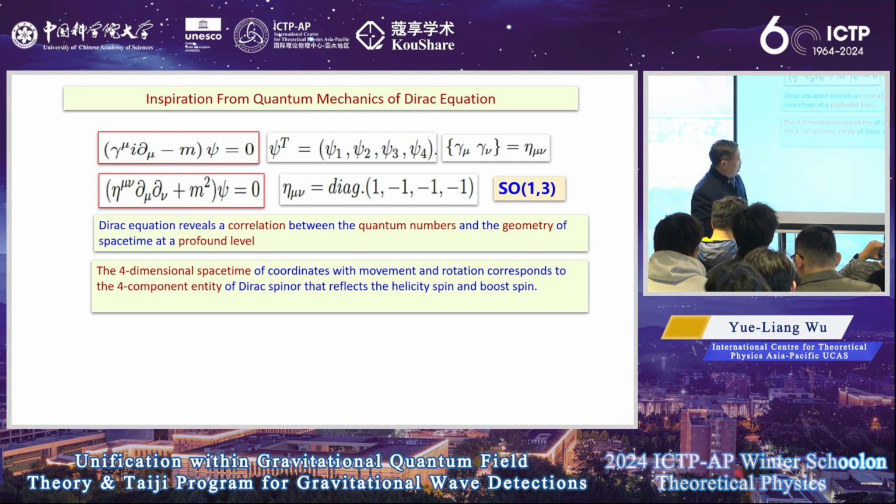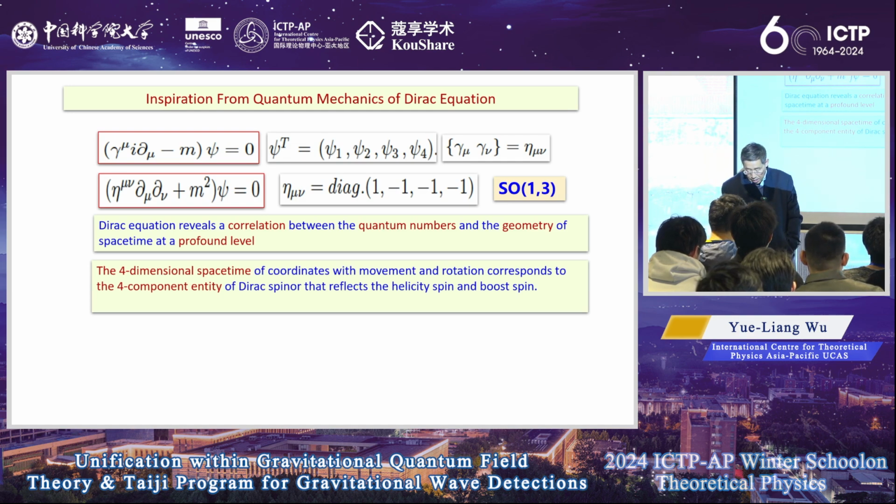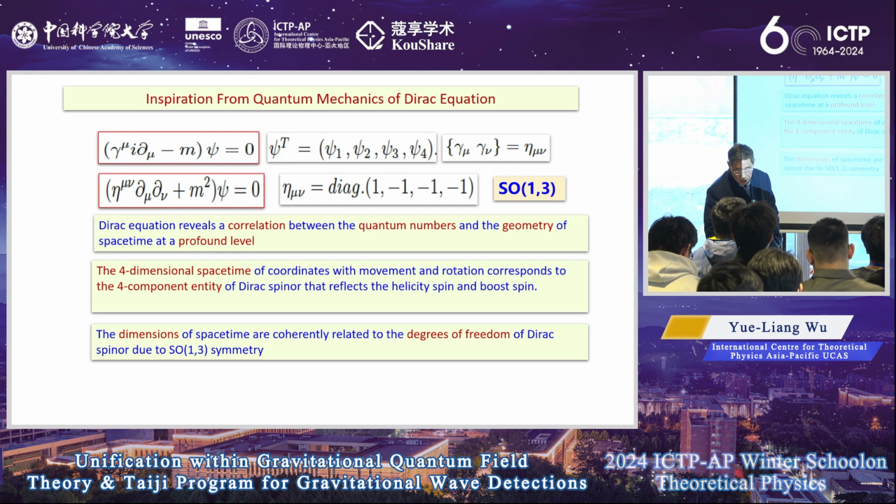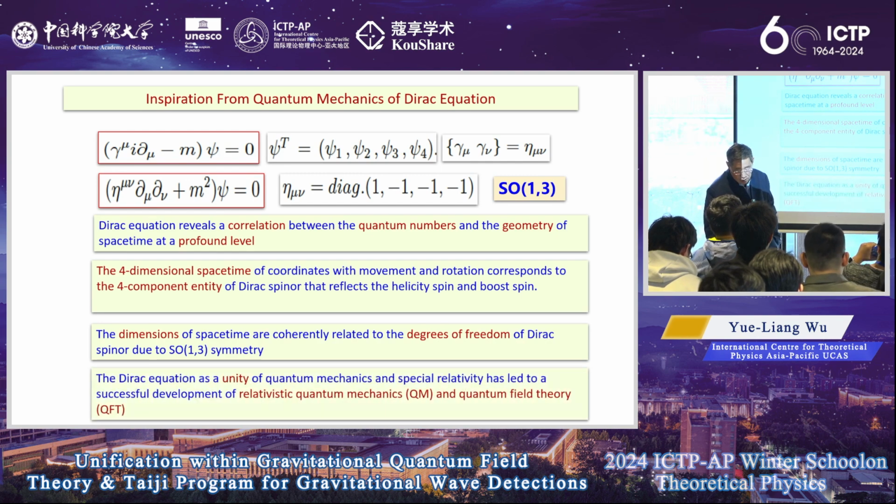The four-dimensional space-time of coordinates determines the four-component entity of Dirac spinors. So to unify all the interactions is very simple. We just go the other way around.